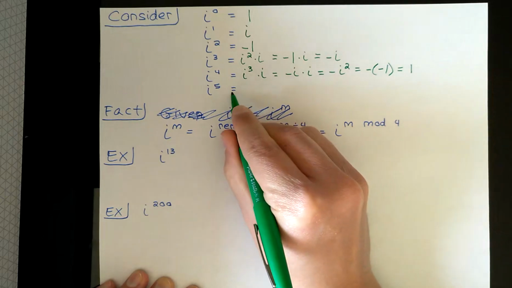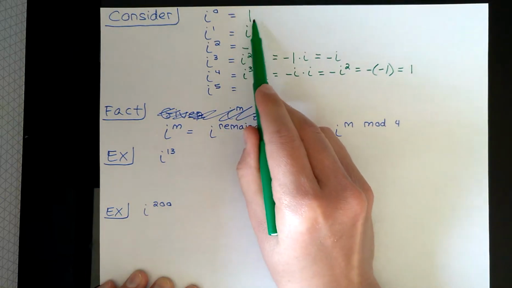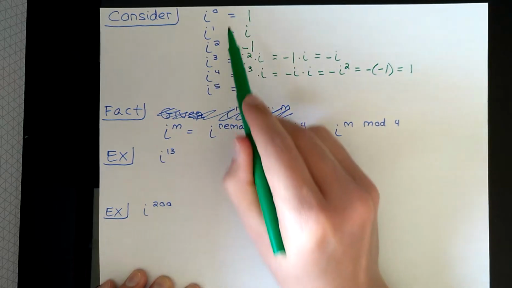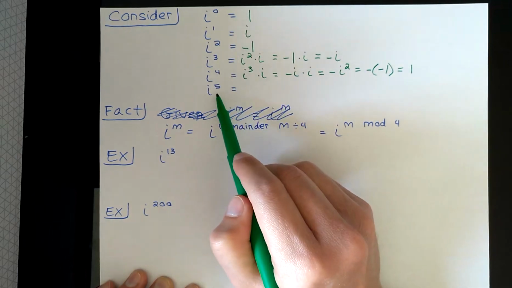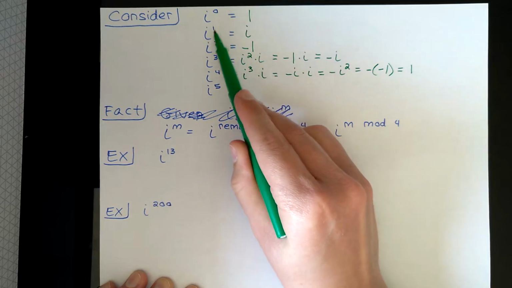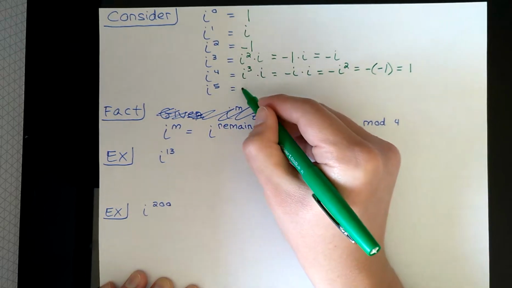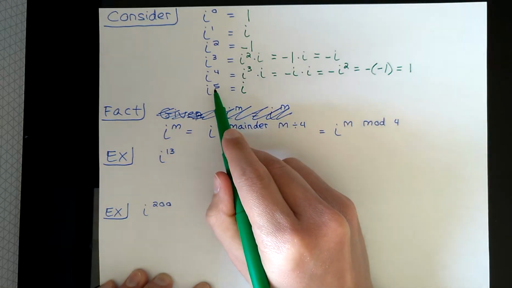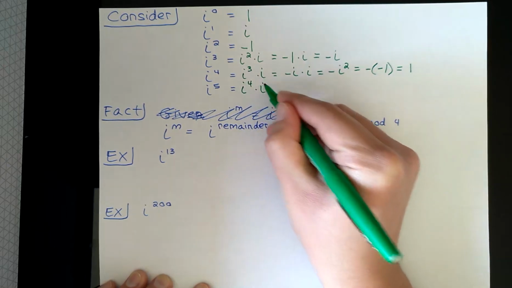So what should i to the fifth be? Well, notice we've just restarted back at the beginning. i to the fourth is the same thing as i to the 0. So what should i to the fifth be? It should be whatever comes after i to the 0, which is i to the first. So i to the fifth is just i. We could prove that very quickly. i to the fifth is really i to the fourth times i.